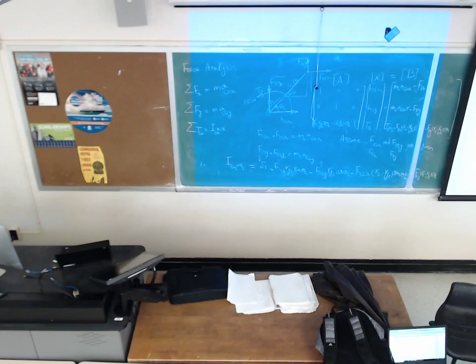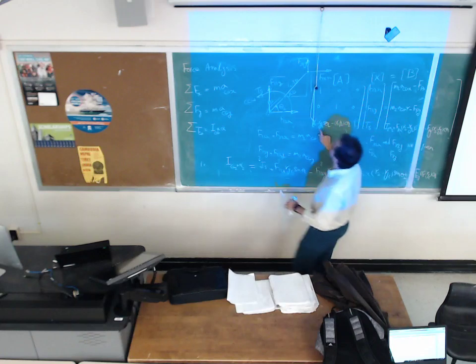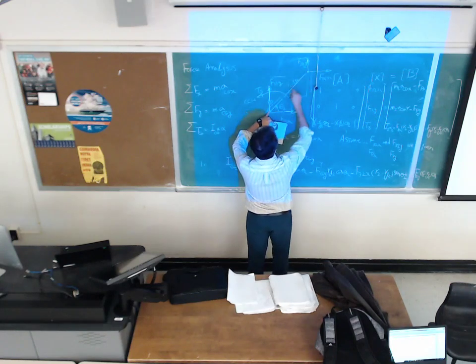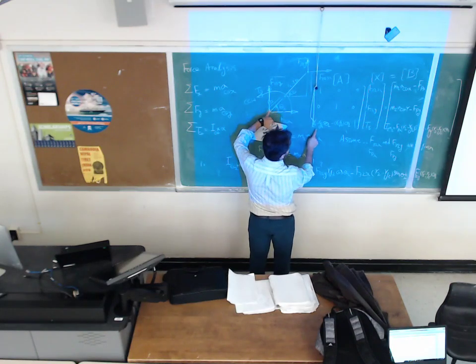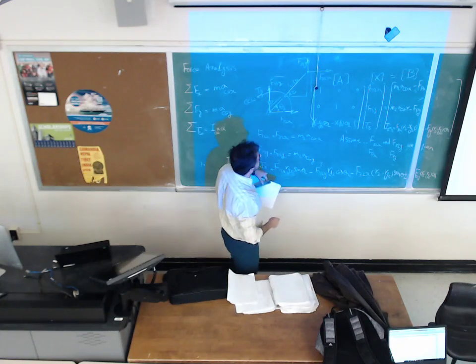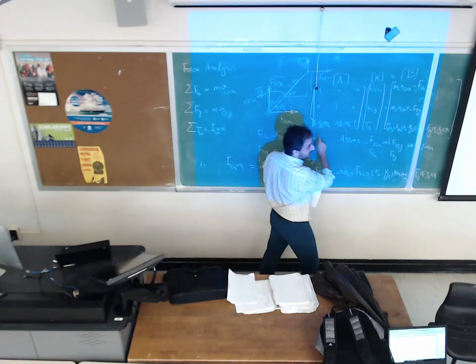Why do we have this here? Shouldn't it be R2 sine, not R2 minus RG2? I mean, for F12x. From the equation? This guy? Yes. Okay, it should be R2 sine, not the negative.